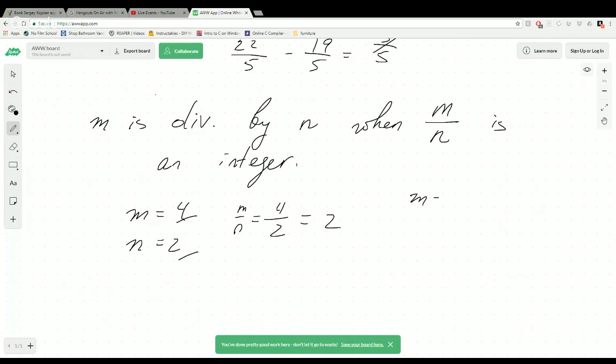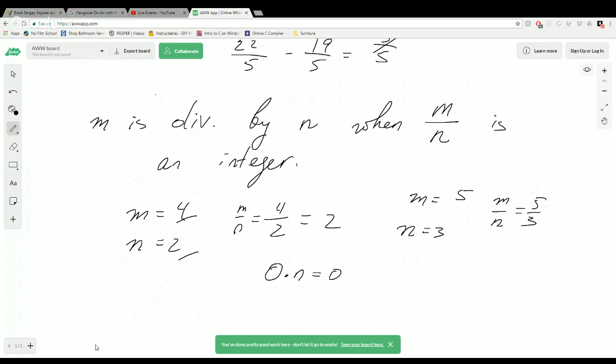Another example is if I let m be 5 and I let n be 3, and then I look at the ratio, 5 over 3. Is this an integer? No. So we say m is not divisible by n in this case. Now here comes an important note. We know that 0 times anything is 0, right?